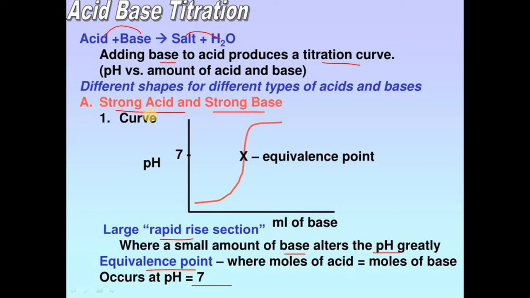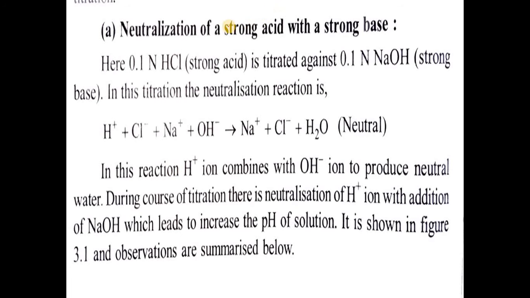So this is the curve we get, with the equivalence point, for strong acid versus strong base titration. Now the neutralization of a strong acid versus a strong base. Here 0.1 normal HCl, a strong acid, is titrated against 0.1 normal NaOH, a strong base.